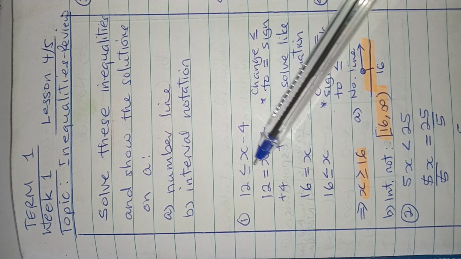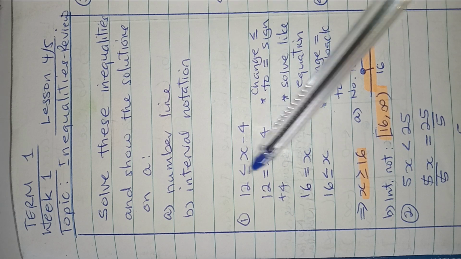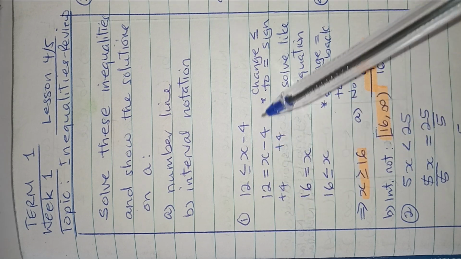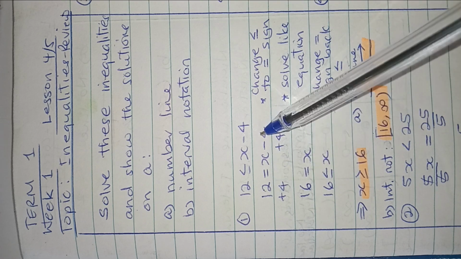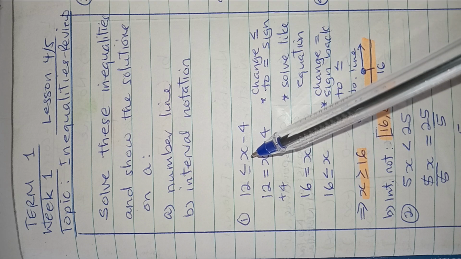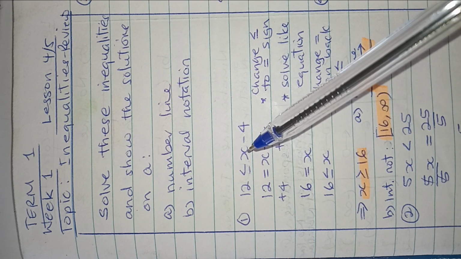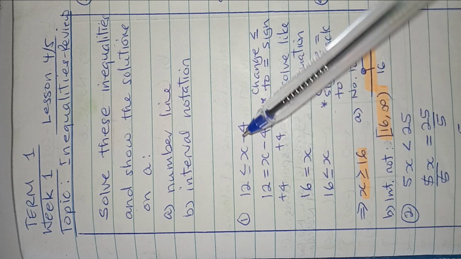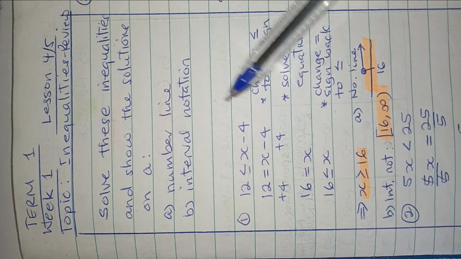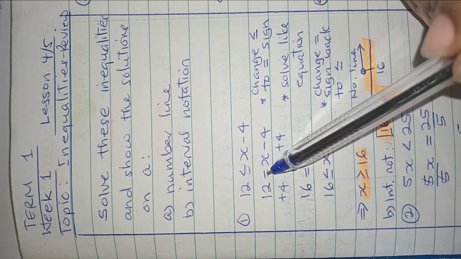Well, when we put the equal sign, it is much easier to see the left-hand side and the right-hand side of the equation as well as the inequality, because when using the inequality sign alone, you may not clearly see the left and the right side of the equation and the inequality. And so we use the equal sign.